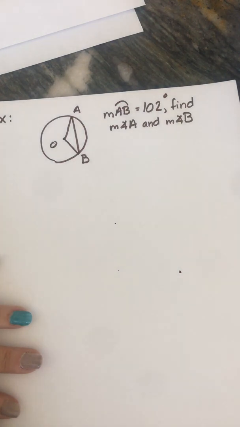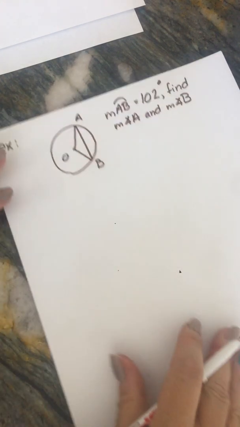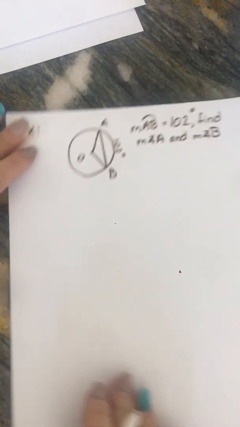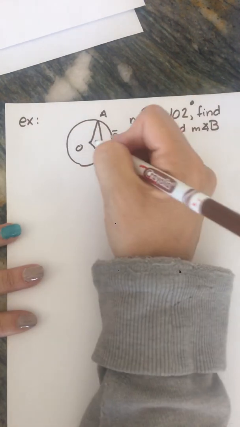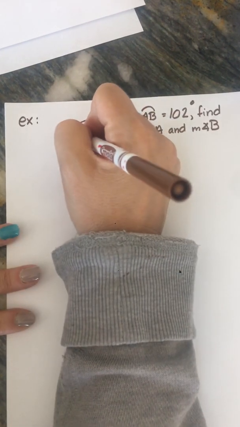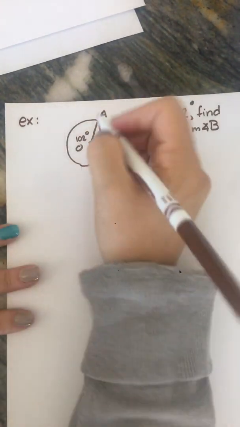There. Okay, we've got 102 degrees for our arc. So this angle right here is worth how much? I hope you said 102. So this angle is worth 102.